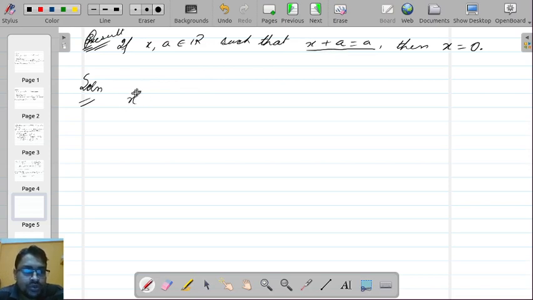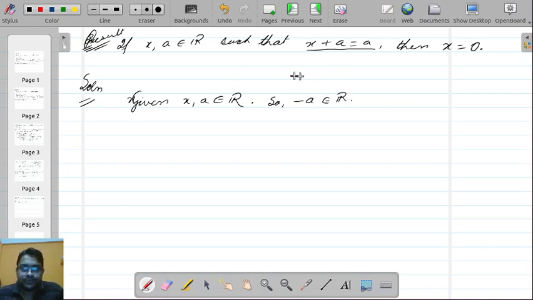Given x, a inside R, this implies that minus a also is an element of R. Of course minus x is also an element of R, but we need only minus a here.